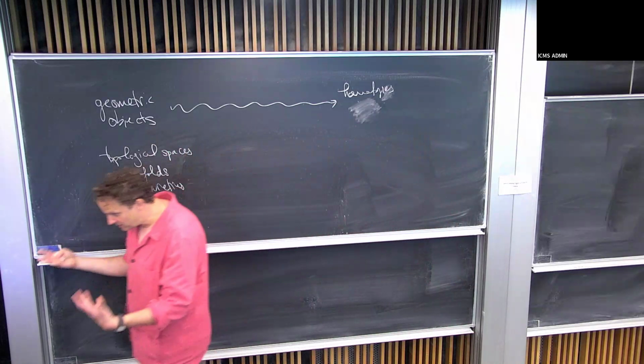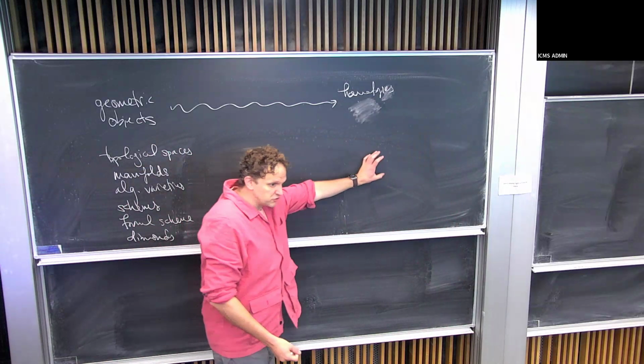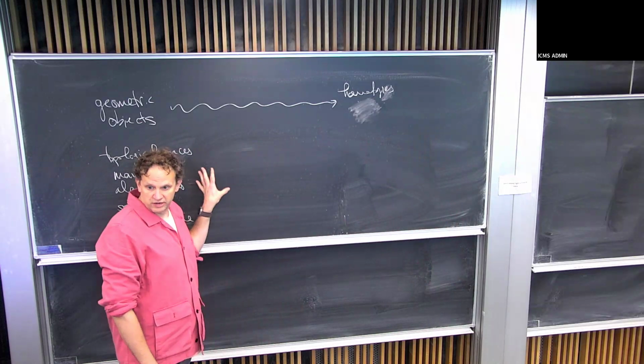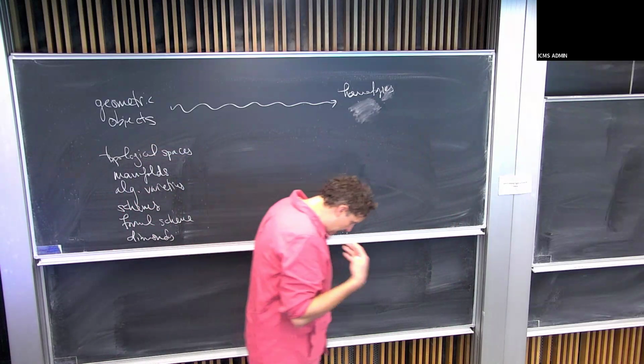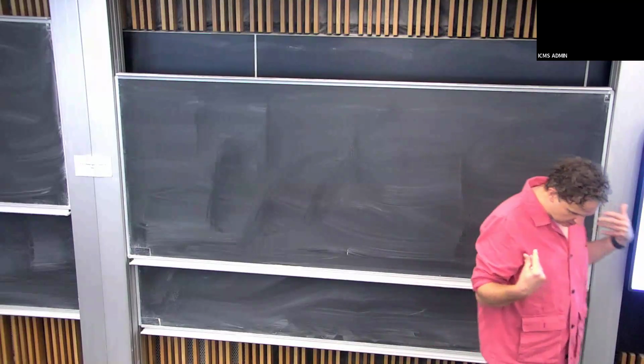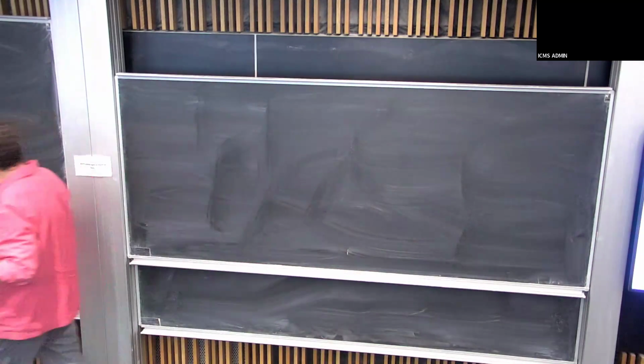So for example, maybe instead of thinking about a manifold, or about that manifold's homotopy type, you want to think about something that sits in between those two extremes. The question is, how do you do that? So let's see if we can figure out how to do that.